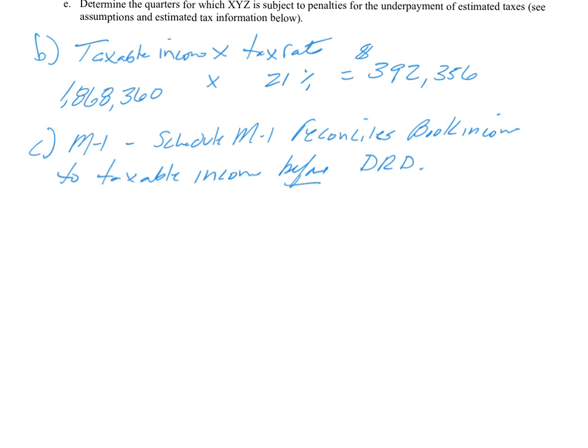And so we're just going to go through and I'm just going to write out the Schedule M1. And I'll explain where I get each entry. All right, so net income per books. We were given that, all right?